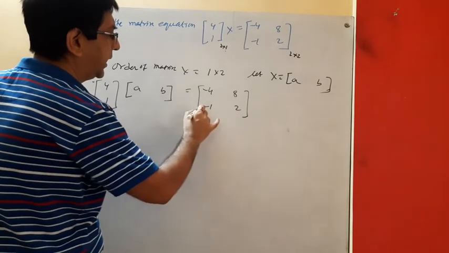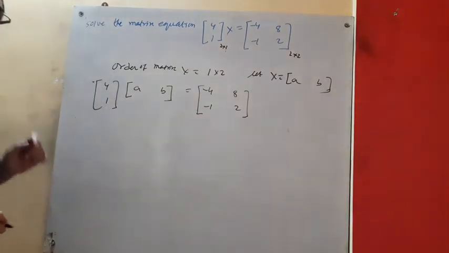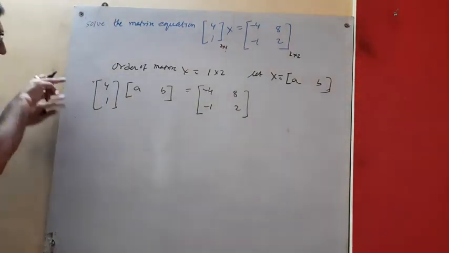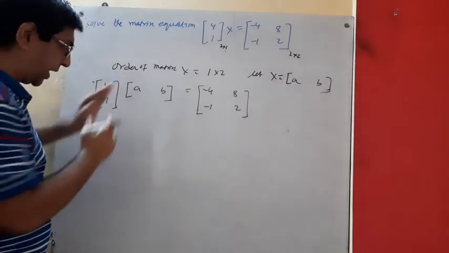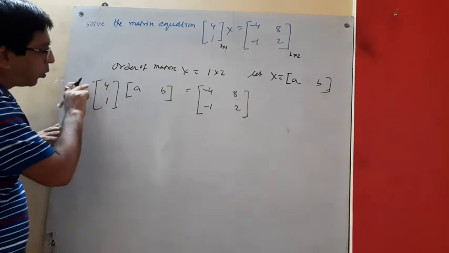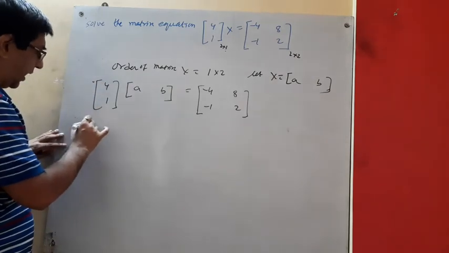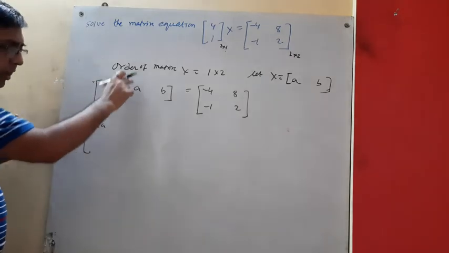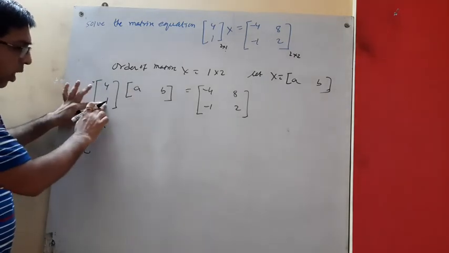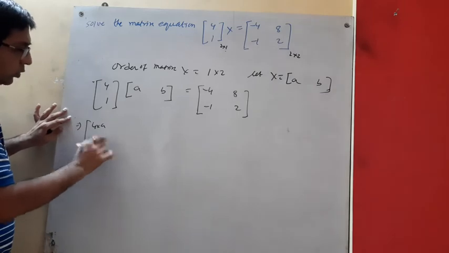This is a typical type of multiplication. Generally we go along the row and the column, but look, this is 1 row and this is 1 column. So multiplying, we get 4 into A only, first row keeping first column fixed. Then 1 into A.